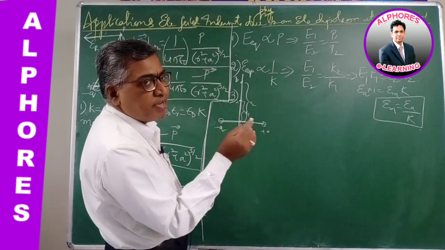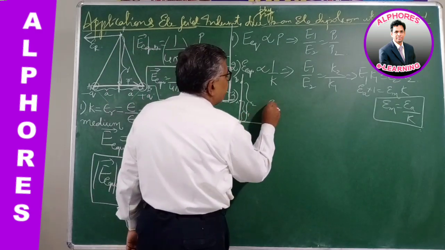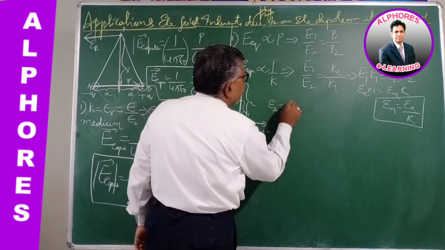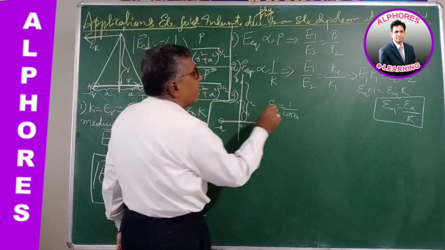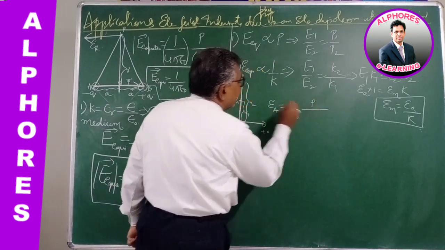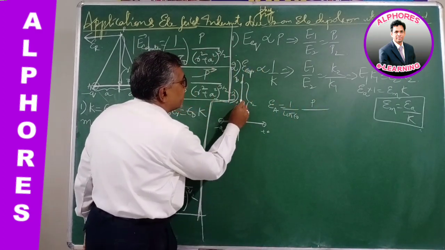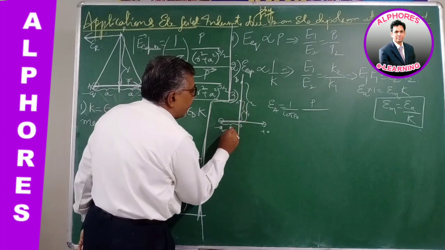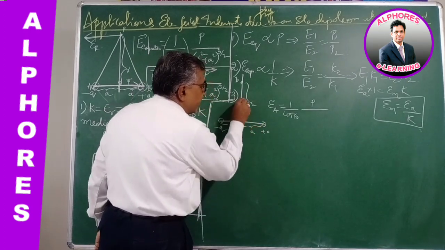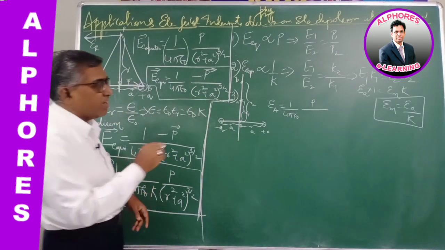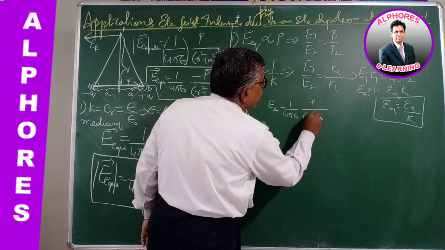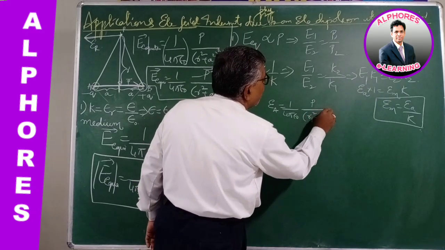Then comparing the electric fields. First, the electric field at A is 1 by 4 pi epsilon naught, let the medium be air, into P by, now the distance of the point is R1, so from this formula, R1 square plus A square whole power 3 by 2.